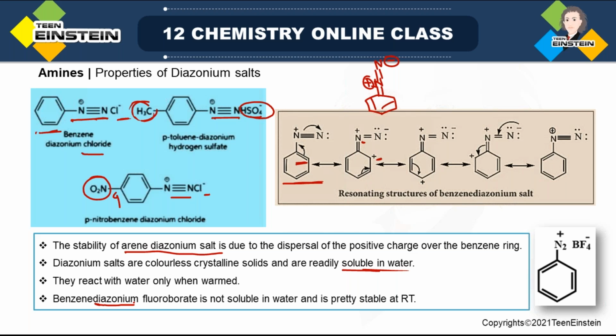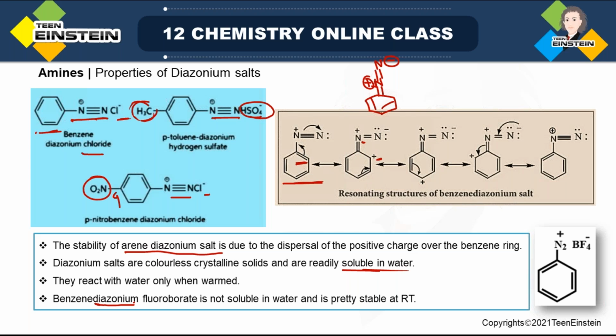If it is asked, among different diazonium salts, which one is comparatively more stable and not soluble in water, its properties are different, not like other diazonium salts. That is why specifically this molecule's structure is shown here. It is not soluble in water, and room temperature stability is also there.